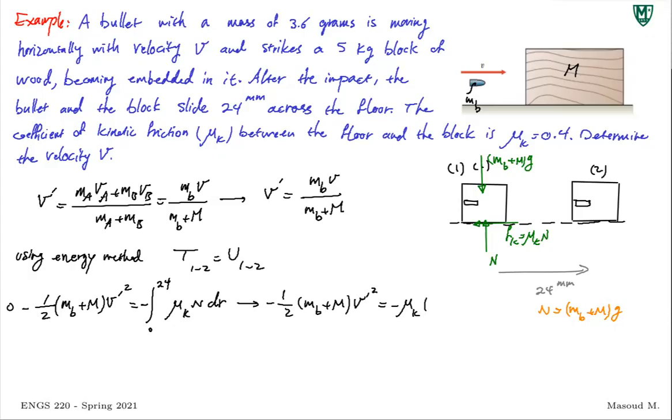Right? So this becomes (mb plus m) g, and let's convert that into meter. So this is 24 millimeters, which I just converted to meter.